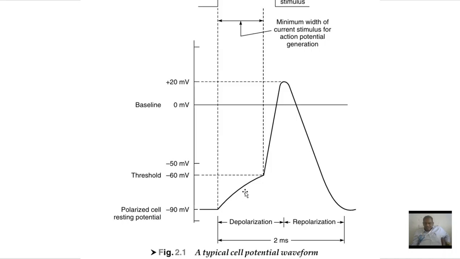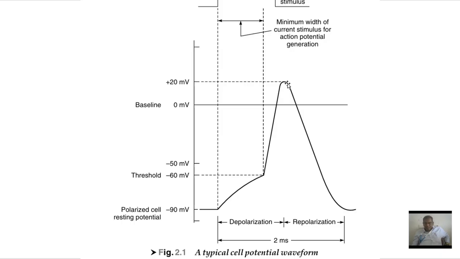Due to the stimulus, if the stimulus is above the threshold value, the depolarization starts. So the curve keeps going up to plus 20 millivolt. This is called depolarization. When it reaches the maximum, the cell is completely depolarized.